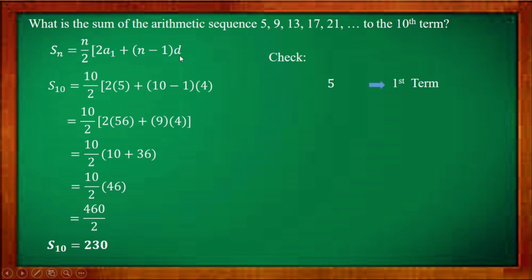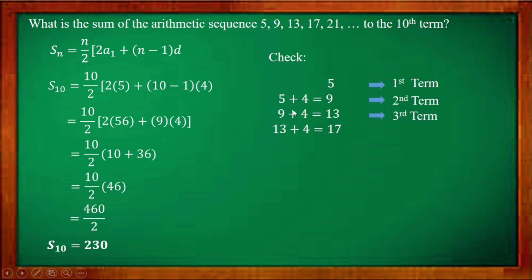Since our common difference here is 4, we just add 4 to the preceding terms up until we arrive at our 10th term. So 5 plus 4, our common difference, equals 9, and 9 is our second term. Next, add 4 to our second term. So 9 plus 4 equals 13, and 13 now is our third term.